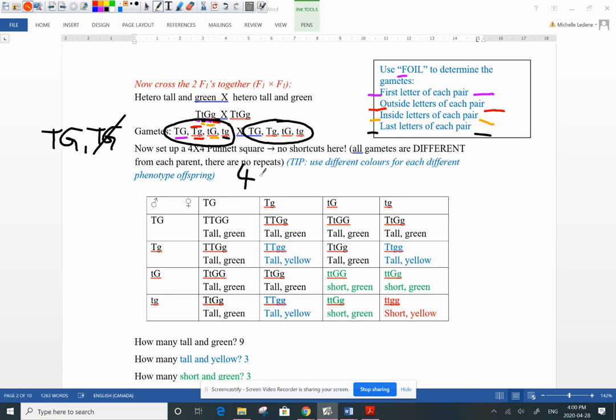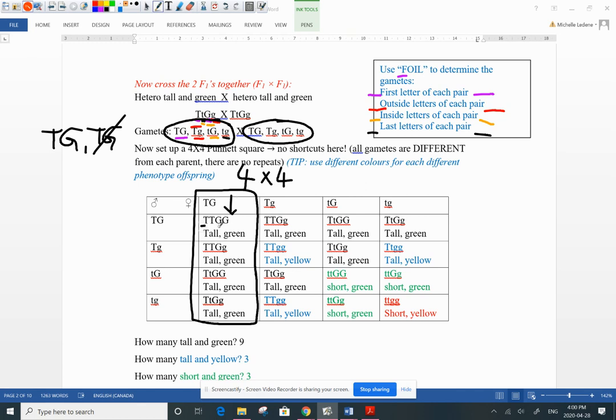So you're getting a giganto 4x4 Punnett square. And yeah, you've got to put them all in. All of them are going into this Punnett square. And once you do that, this example is already done for you. You are then going to count up phenotypes. You can see that this entire row going down here has a big T, so it has to be tall.